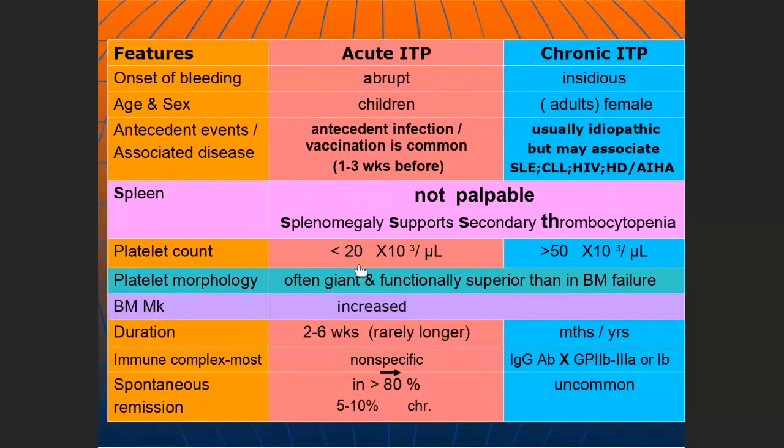Platelet count in acute ITP is less than 20,000, while in chronic ITP it is more than 50,000. In both types, platelets are giant.